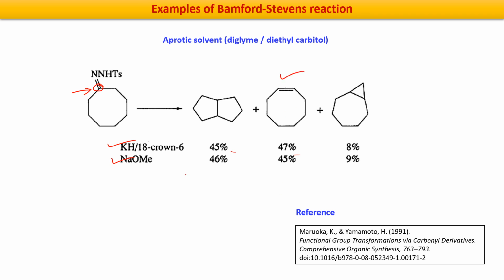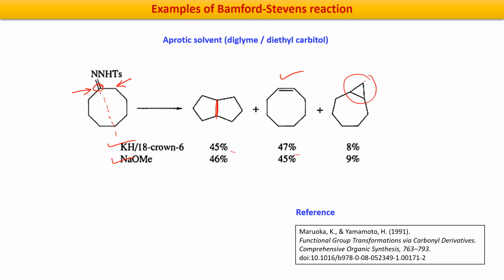But suppose there is some carbon hydrogen insertion, then this carbon hydrogen insertion, if it is happening through this CC bond formation, then you will get the first product. But if this carbon hydrogen insertion is happening in this position, you will get this type of 3-member ring.